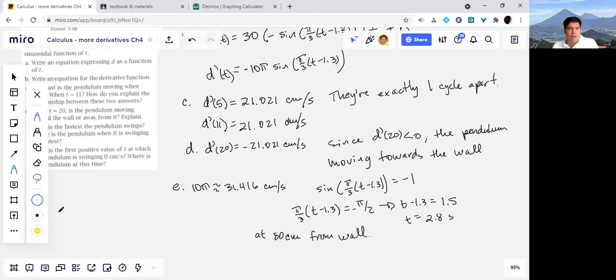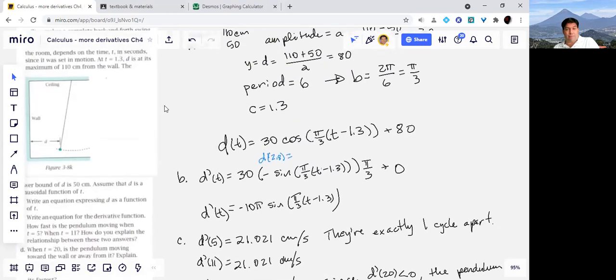Okay, and the last one, which is F. What is the first positive value of t at which the pendulum is swinging at 0 centimeters per second? Where is the pendulum at this time? Okay, so we know, I think this is easiest just to analyze from over here.